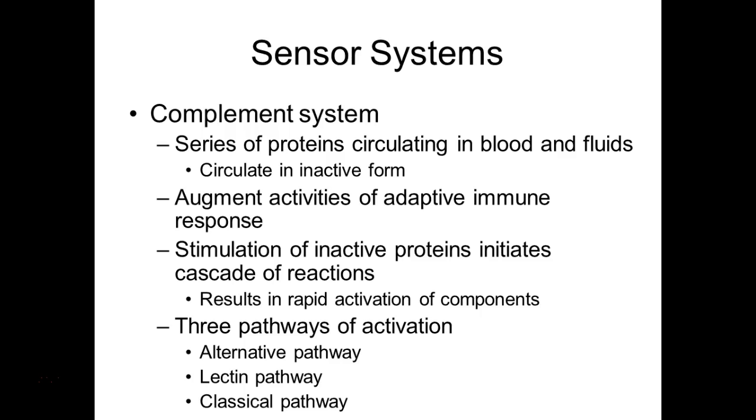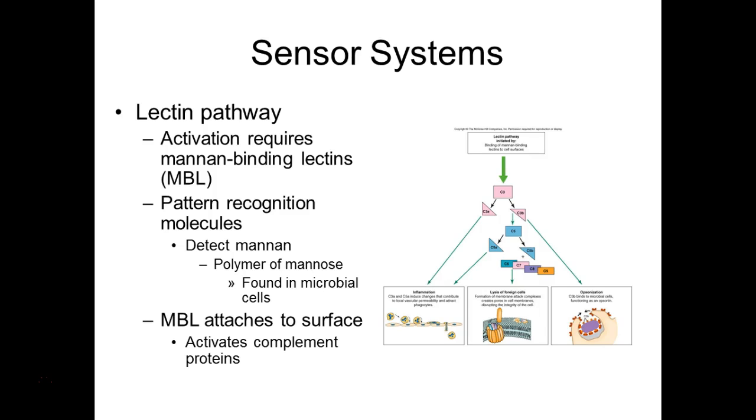And then you have the lectin pathway, which is a very specialized pathway specifically for recognition of lectins. The lectin pathway is activated by special receptors, special molecules that can be recognized by this system. So mannan-binding lectins are special proteins within our complement system.